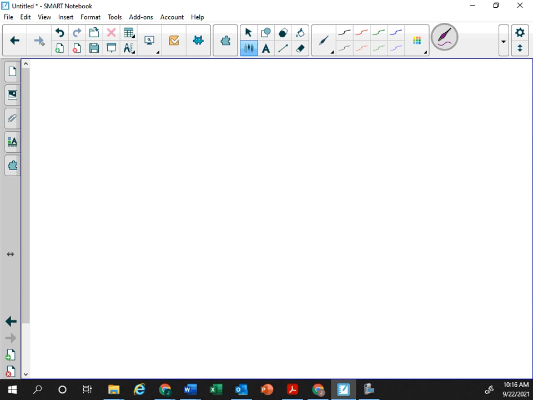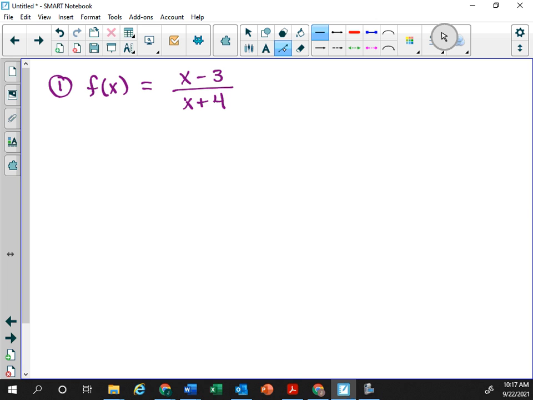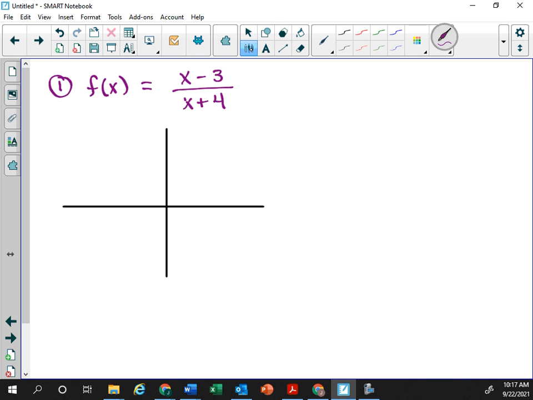All right, so let's try one. Our function is x minus 3 over x plus 4. So we're going to sketch the graph.